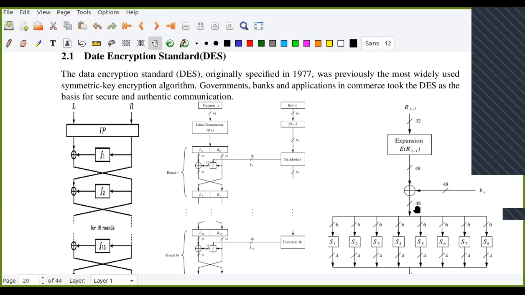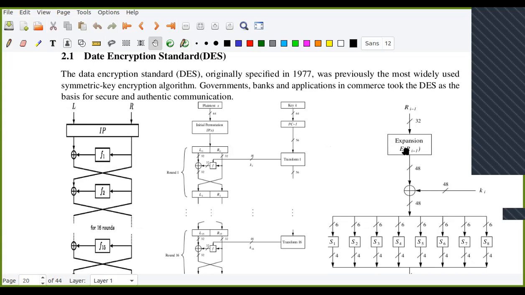Yes. Now this 48, but what size do I want to get finally? I want to XOR with this one. This is the function, F, with 48 output. That 48 I also need to convert. See, are you following here? F1 will take 32 length and it gives 32 again, right? So that I can XOR with the 32 bit. Are you okay? Yes, sir. So what is happening now?